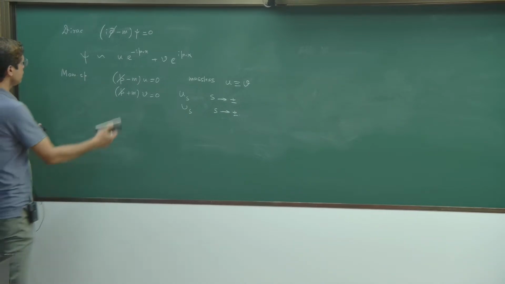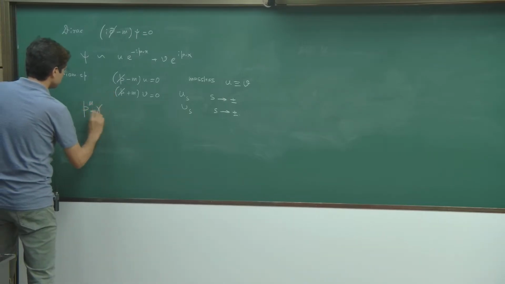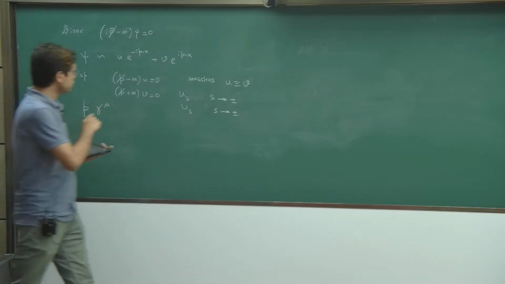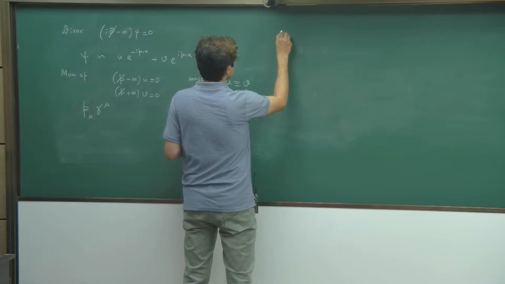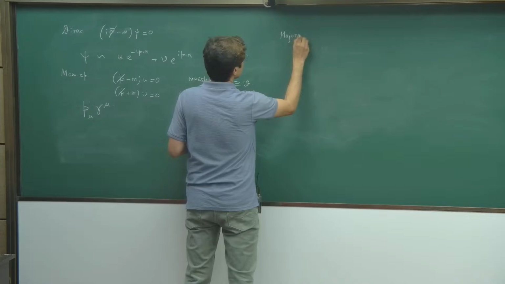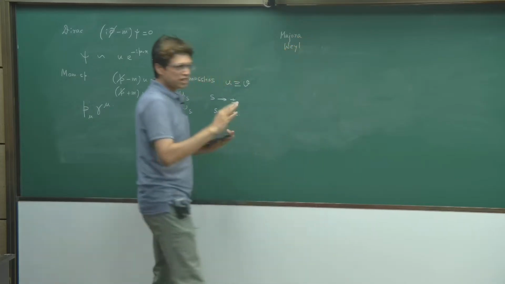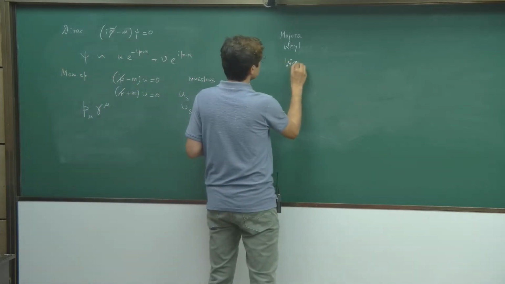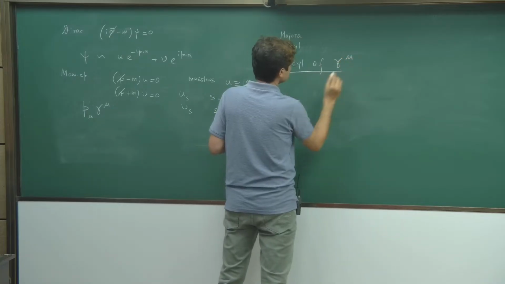Now this p slash is basically p mu gamma mu. For this gamma mu, there are many representations, like the Majorana representation, the Weyl representation, the Dirac representation and everything. So we will use the Weyl representation of gamma mu. And what is that?